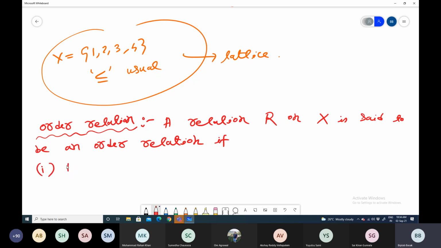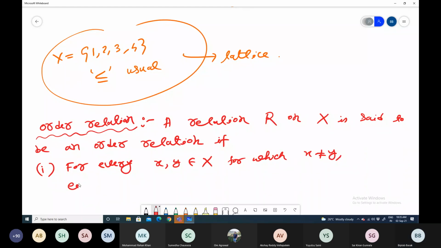So first one, for every pair x, y in X for which x not equal to y, so that's a different pair, we have either x related to y or y related to x.